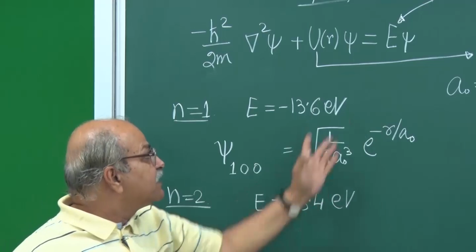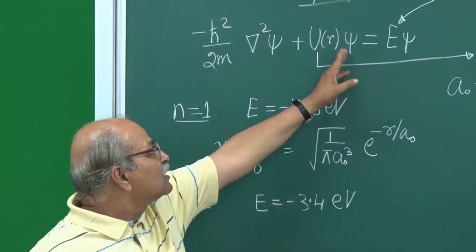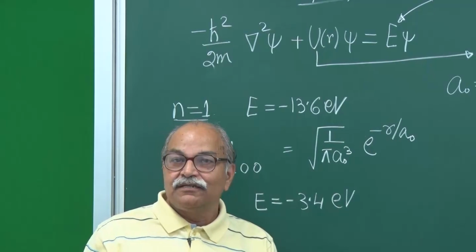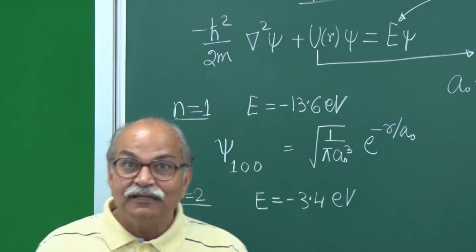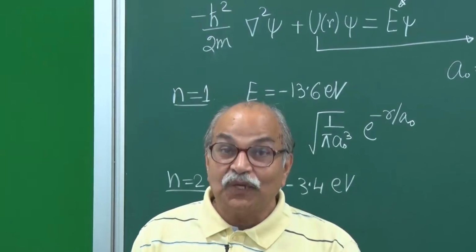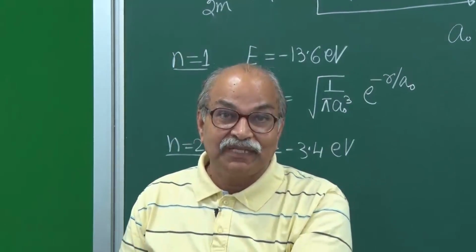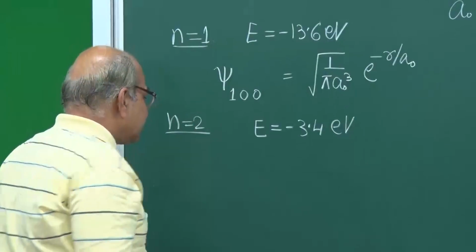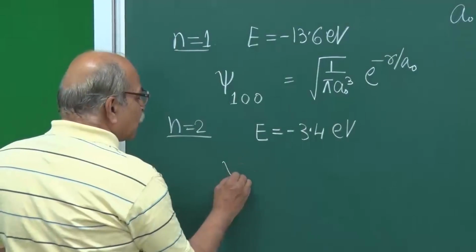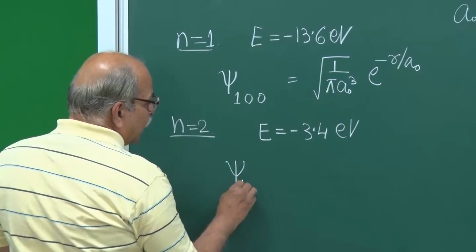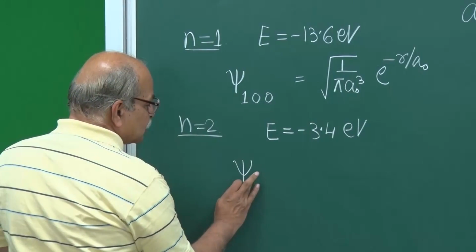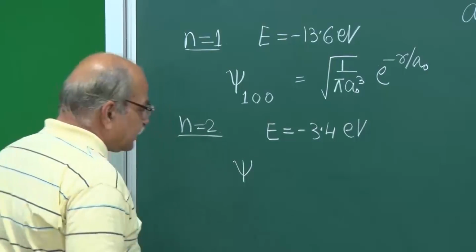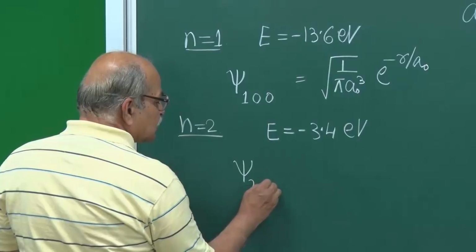And if this is the energy, then what is this psi? It turns out that more than one functional form is possible. In fact, 4 of them are possible. And what are those 4? There are some expressions which I will not write here, but we write 2, 0, 0.